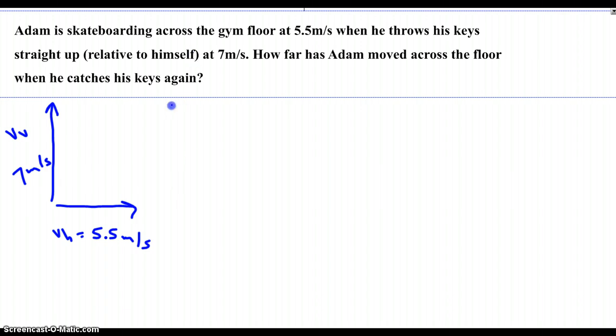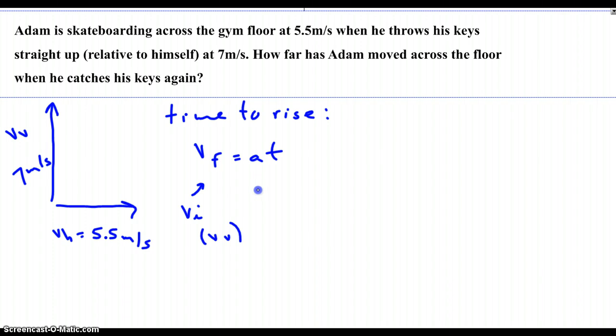First, let's find the time to rise up to a rest. I can use VF equals AT and substitute VI in the place of VF because it's coming to a rest rather than falling from rest. And of course, the initial vertical speed of the keys here is labeled as vertical velocity in my diagram.